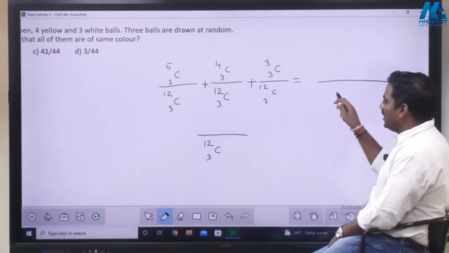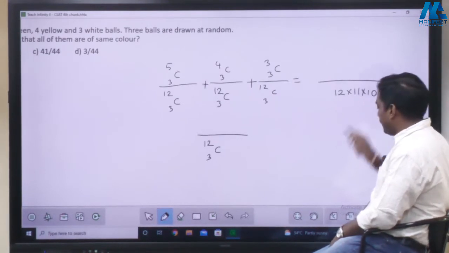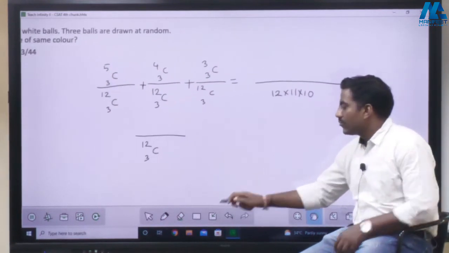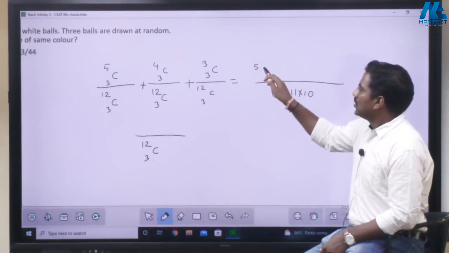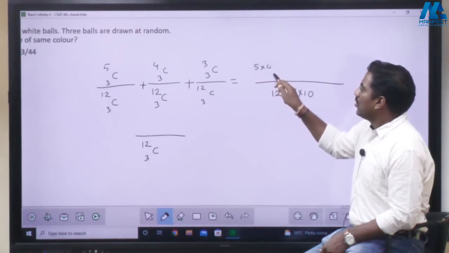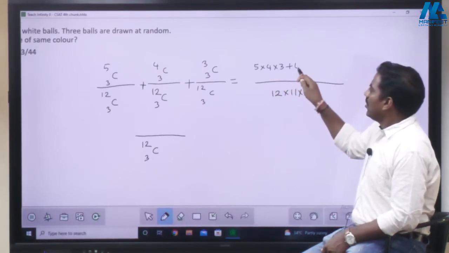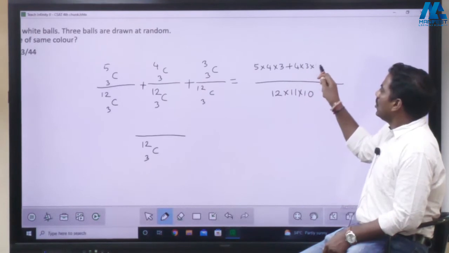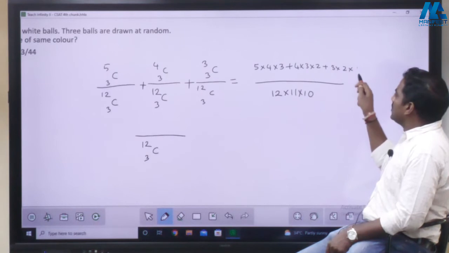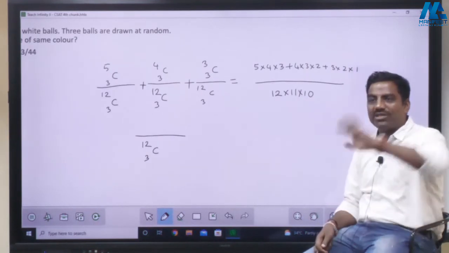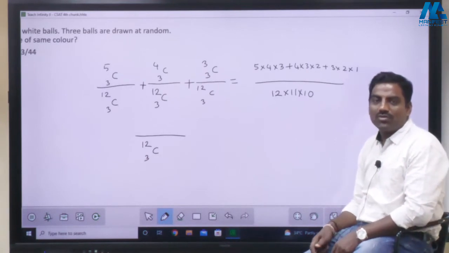So what I will do in this, I will write 12 into 11 into 10, and for the first expression, I will write 5 into 4 into 3 plus 4 into 3 into 2 plus 3 into 2 into 1, because the common 3 into 2 into 1 I have discarded from all the expressions. Not needed, no? Yes or no?